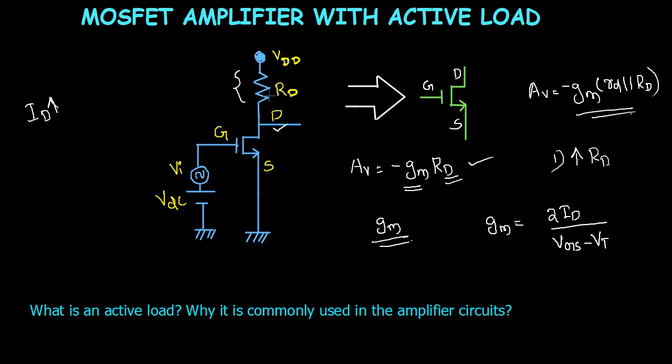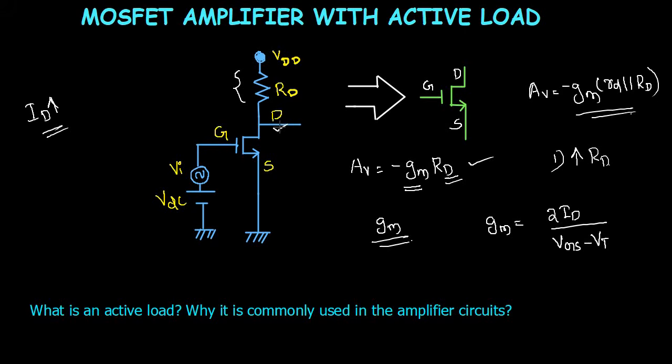Moreover, as we increase the drain current, the voltage developed across RD will also increase, and the available voltage at the drain terminal will reduce.